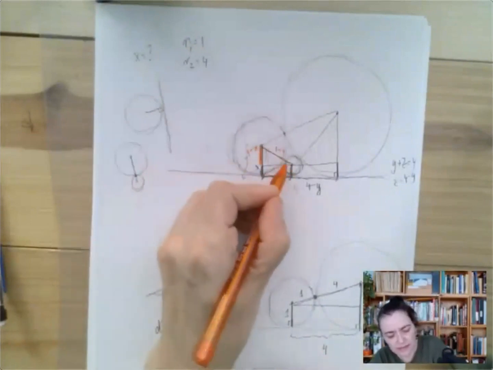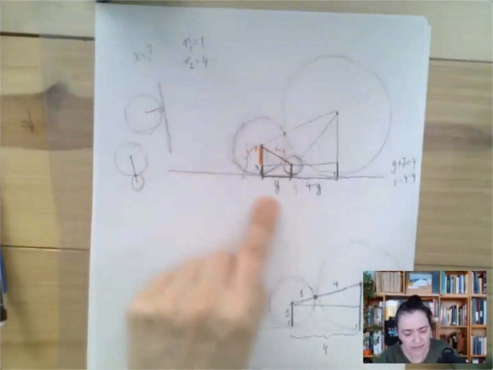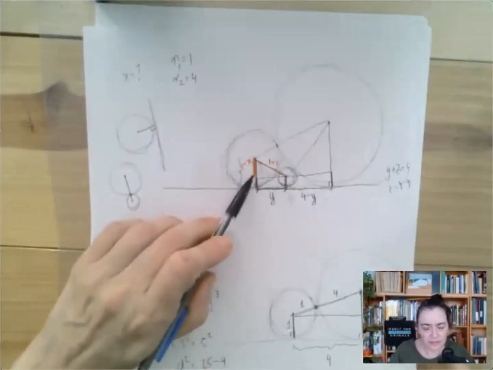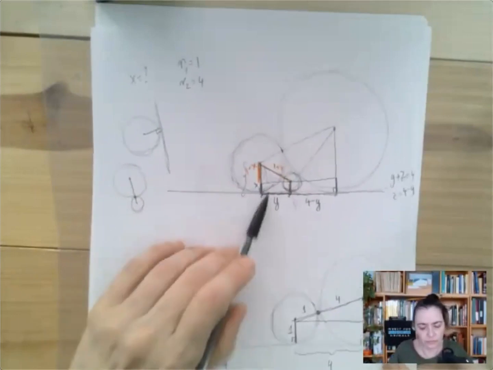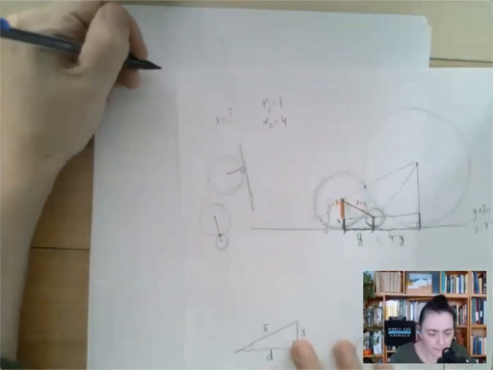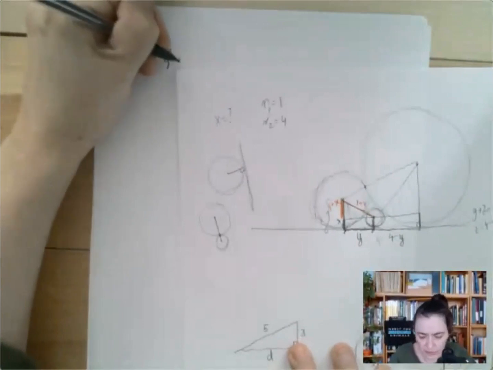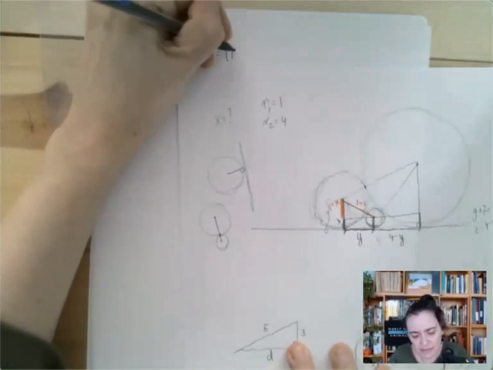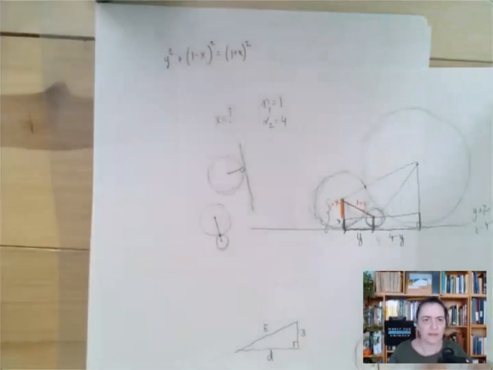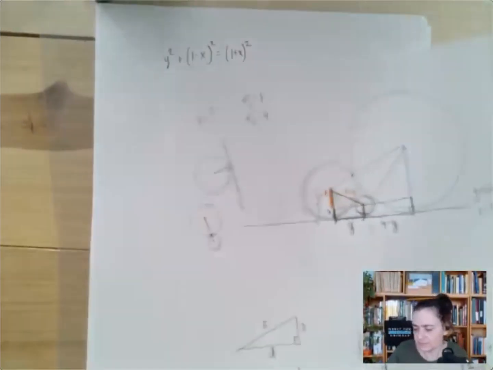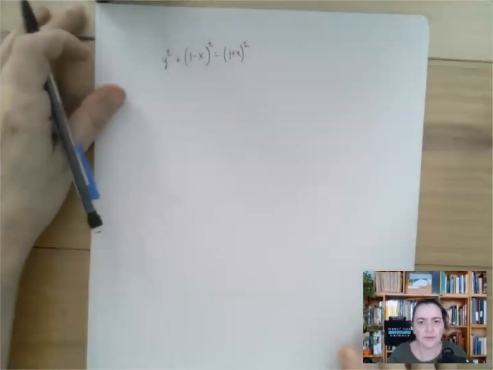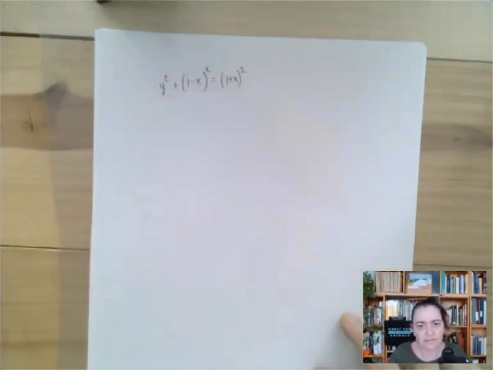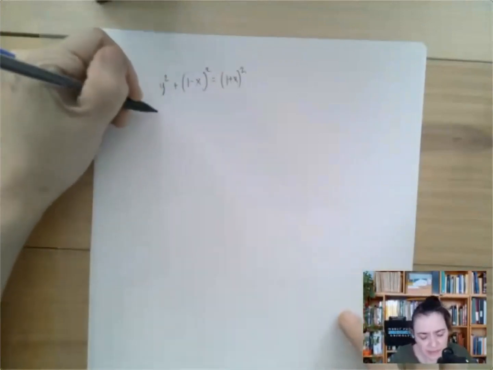This is 1, this is X. And then the horizontal side is Y. So the first equation, the Pythagorean theorem stated for this triangle, is Y squared plus (1 minus X) squared equals (1 plus X) squared. And if you have been doing algebra, you can probably anticipate that there are going to be some cancellations. So before we find the second equation, let's simplify this one.